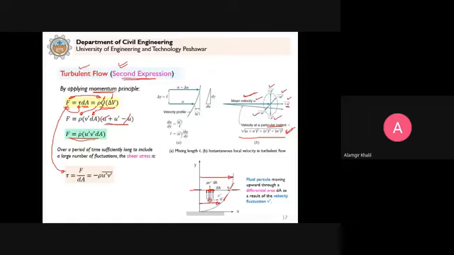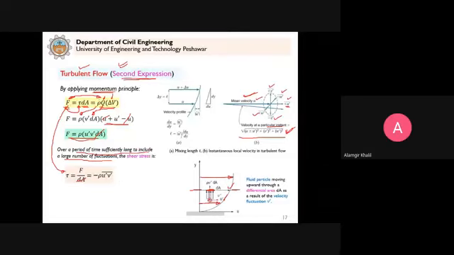So this is F, and then divided by dA, so this dA cancels out with this dA. Since u dash and v dash are changing at every instant, we need to average them over a period of time sufficiently long to include a large number of fluctuations. Then the shear stress will be equal to u dash v dash bar.